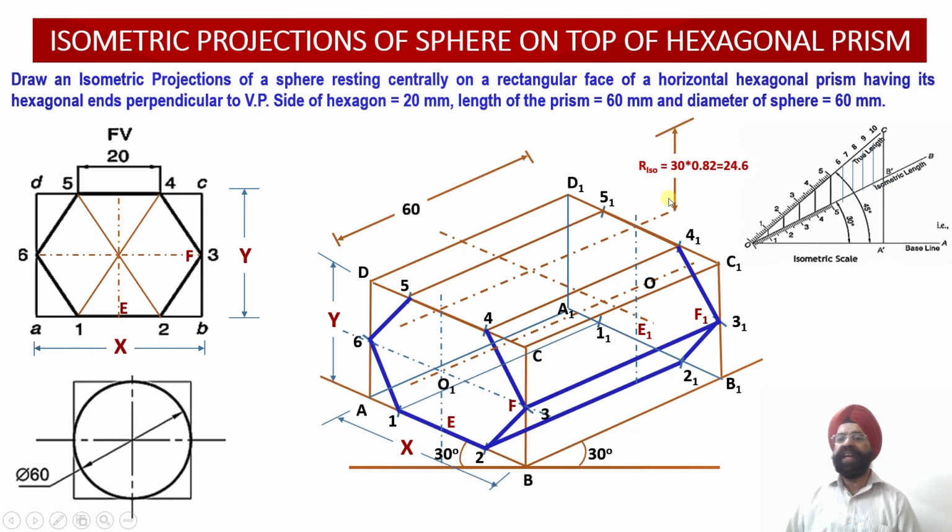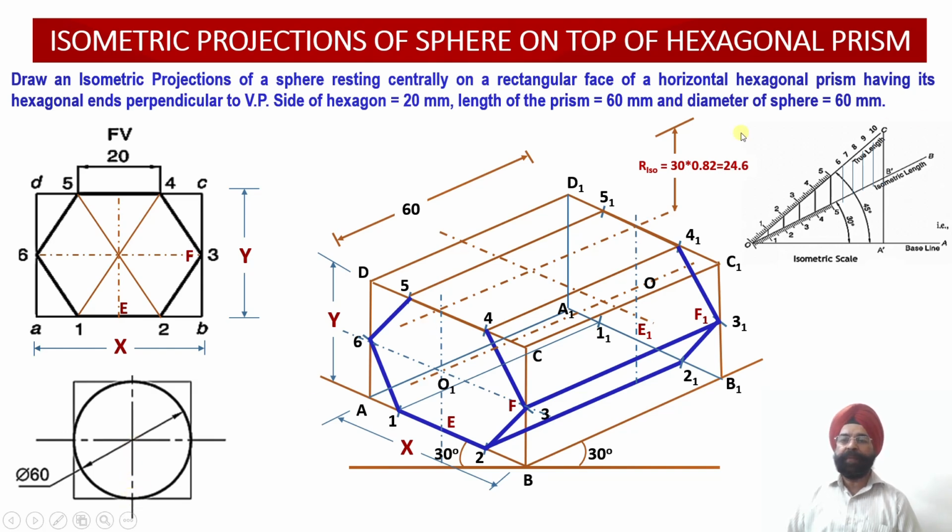This thing is the radius, because the radius of the sphere, please check, this is my radius of the sphere. This radius is a linear dimension. So since this radius of the sphere happens to be a linear dimension, and in isometric projection all the linear dimensions will be curtailed, foreshortened or reduced by 18%.